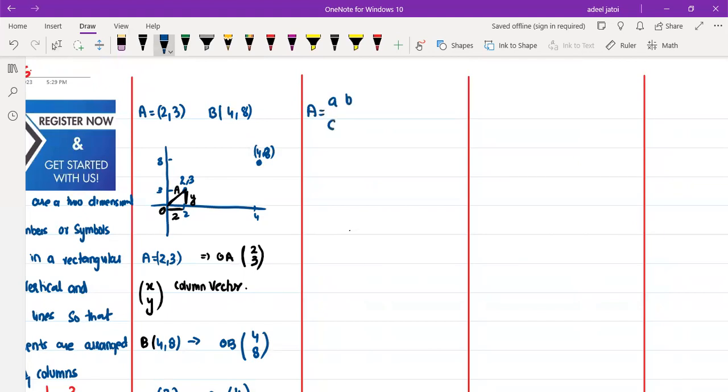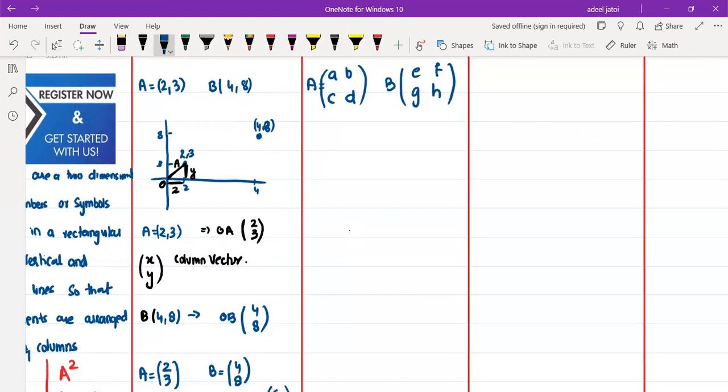Similarly, the same thing can be in this shape: A, B, C, D. That means matrix A can be in 4 elements, 2 columns and 2 rows. Similarly, B can be in this way: E, F, G, and H. If A is A, B, C, D, and B is E, F, G, H, and I've been told A plus B, that means you are adding up the two matrices together.